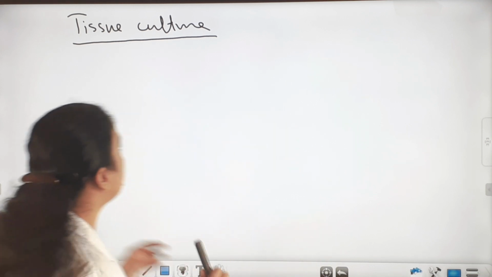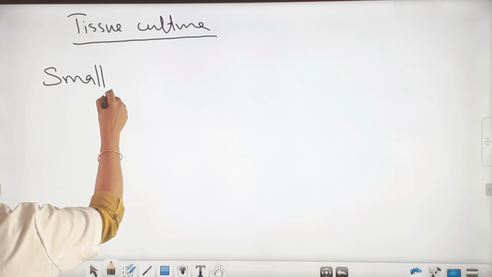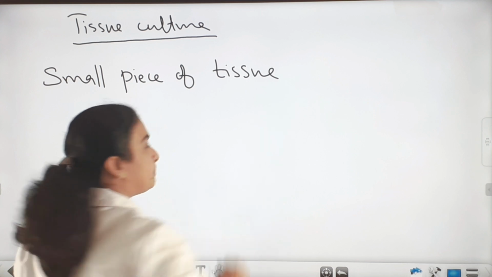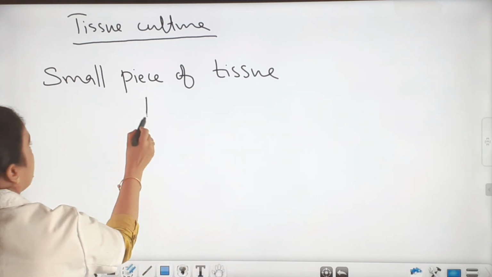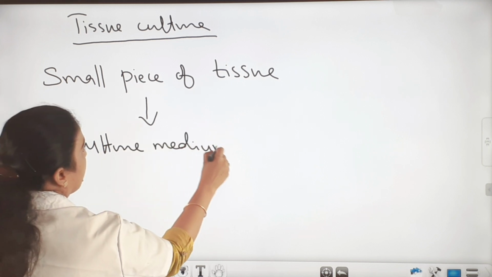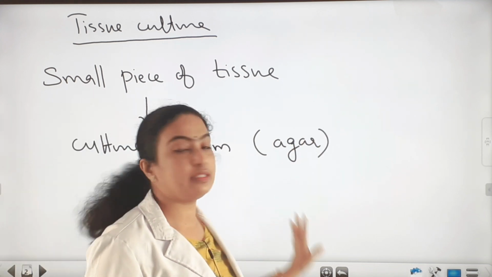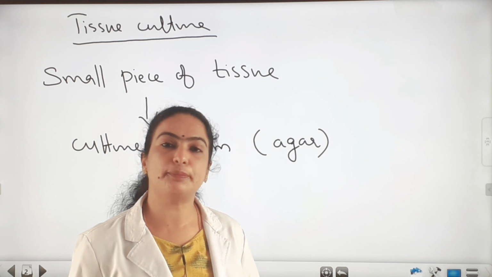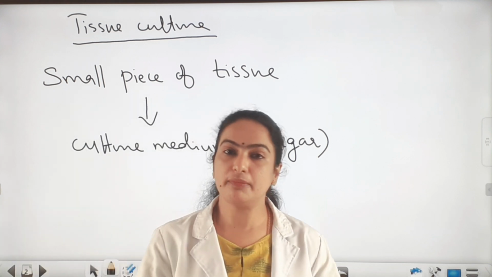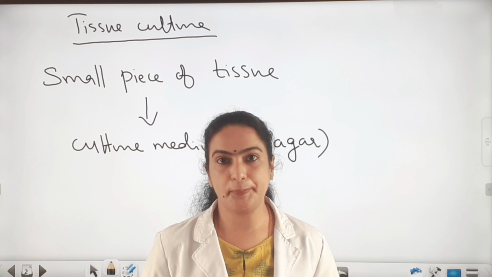First we select a small piece of tissue from a growing plant. Then it is grown in a jelly-like medium called agar, which consists of all the nutrients essential for the proper growth and development of the plant. So we put this small piece of the plant part in the agar medium.